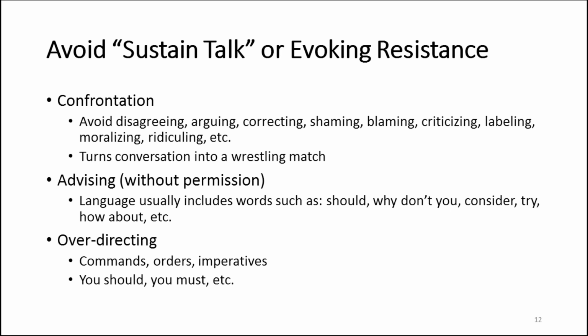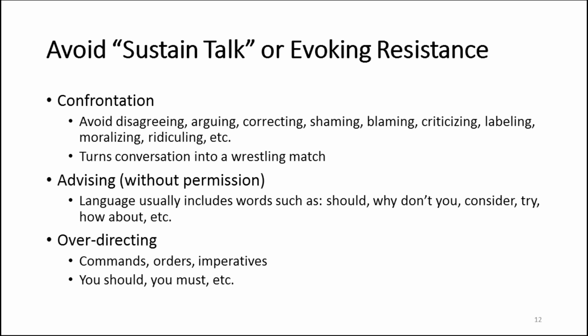One of the things in our conversation with the patient we want to do is avoid stimulating sustained talk, because when we do, that often evokes resistance in the patient. And there are several known ways to do this. First is any kind of confrontation: disagreeing with the patient, arguing, correcting, shaming, blaming, criticizing, labeling, moralizing, or ridiculing. All are ways that we guarantee the patient is going to respond with resistance, and now we're into a wrestling match.